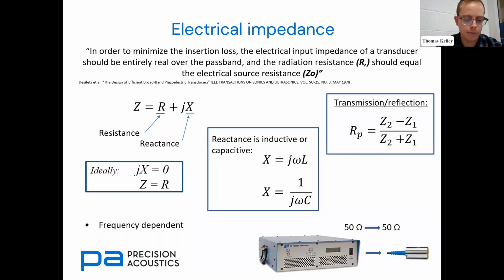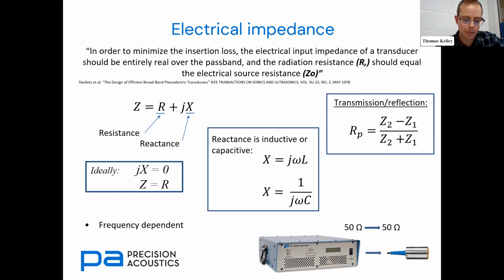So in the same way as mechanical impedance, acoustic impedance, we can now consider electrical impedance. In the same way as energy is reflected at a boundary in acoustic impedance, energy is also reflected at boundaries of electrical impedance. So if you're driving your transducer from a 50 ohm source, which is pretty typical in many industries, then in order to get good power transfer to the transducer, you should match the electrical impedance of the transducer to that of the drive circuit.